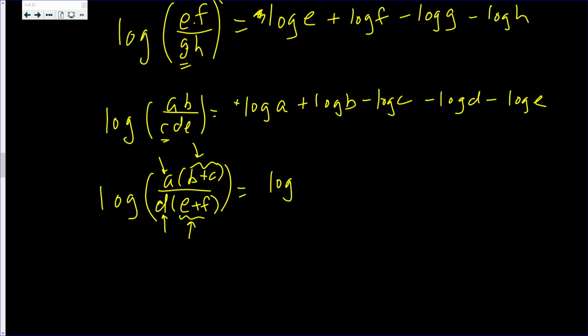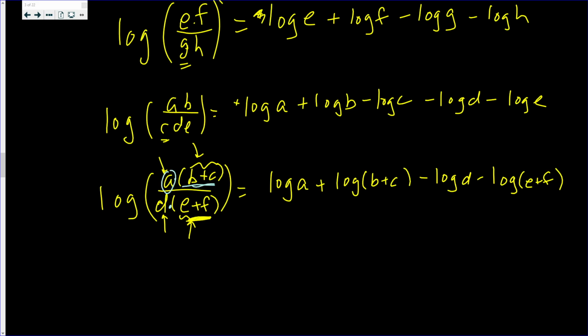It's going to be log A plus log (B plus C) minus log D, because it's in the bottom, minus log (E plus F), because that's what I called this factor, E plus F. Don't let the names bother you. Just know where the multiplication is. It's this times that over this times that. So I wrote log of this plus the log of that minus the log of this minus the log of that.